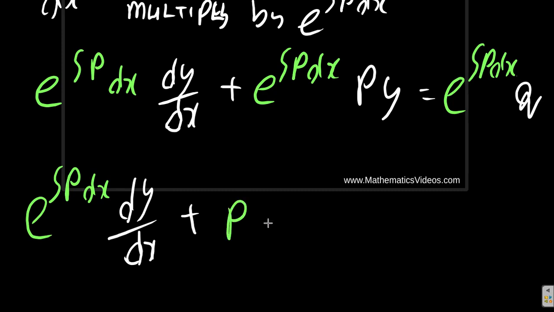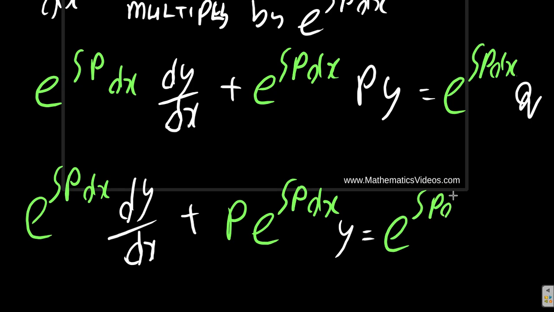So you have p e to the integral of p dx times y, and that is equal to e to the integral of p dx times q.